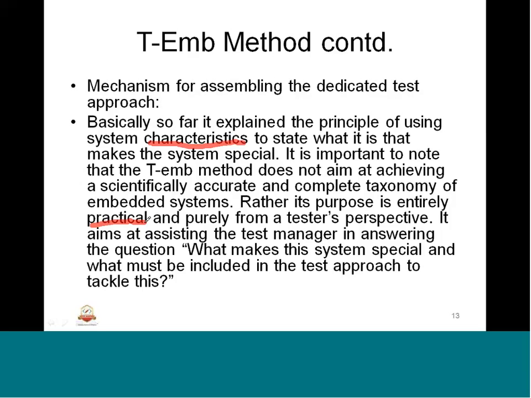So we should see all this practicality of that particular sensor in order to make it a realistic test approach, and it should be purely defined and have the ownership of the tester. So it's from the tester's perspective because he is going to test it. So that is why it is very important to have these things in place for the TMap method.